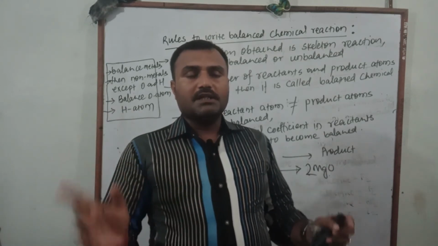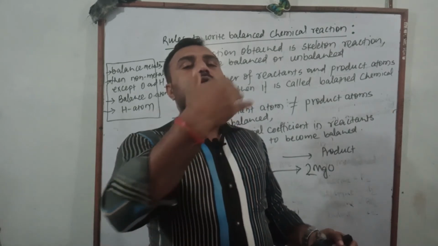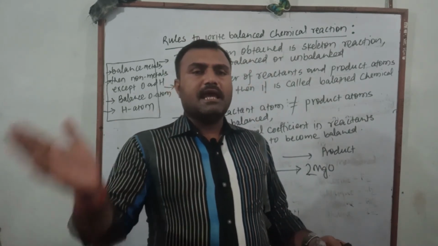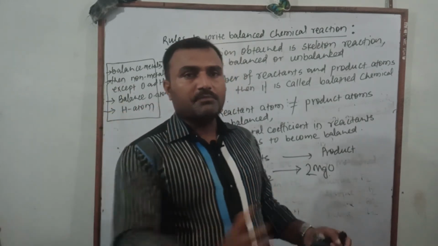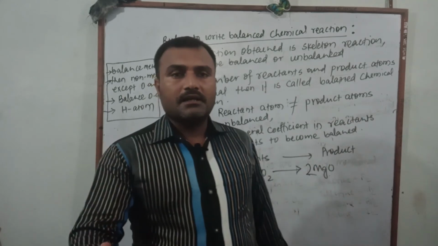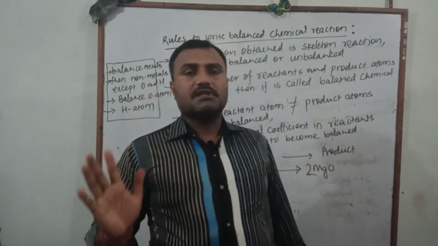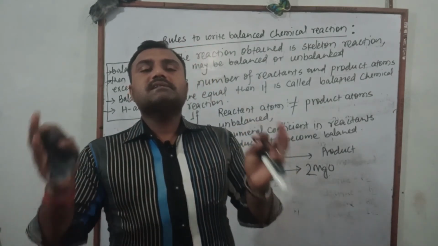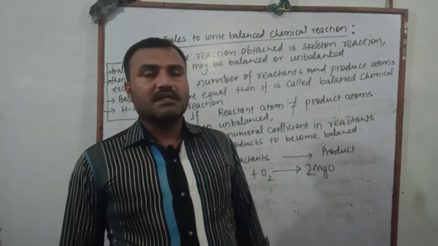If not equal, then balance them. If equal, then count the number of oxygen and hydrogen. And every time while adding a coefficient, start from the beginning: count metals, then non-metals, then oxygen and hydrogen. Then we can write a balanced chemical equation for any type of chemical reaction.